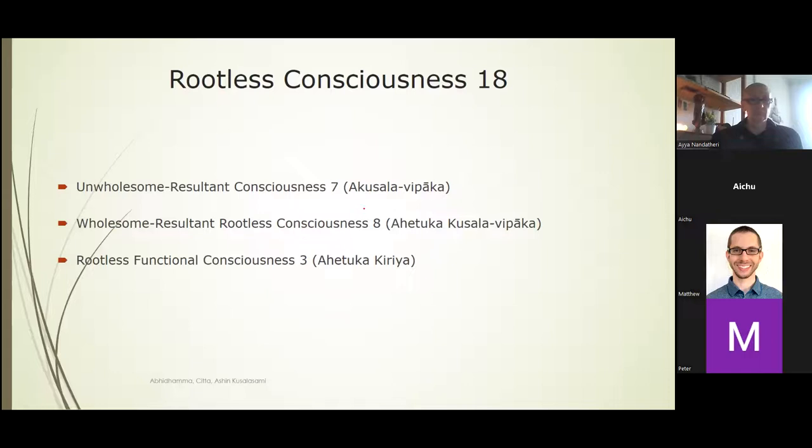Here, why is it different? Here in Pali words, akusala vipaka, unwholesome resultant consciousness. Here it is not only kusala vipaka. Why is this one here? So here without ahetuka, and here also with ahetuka.